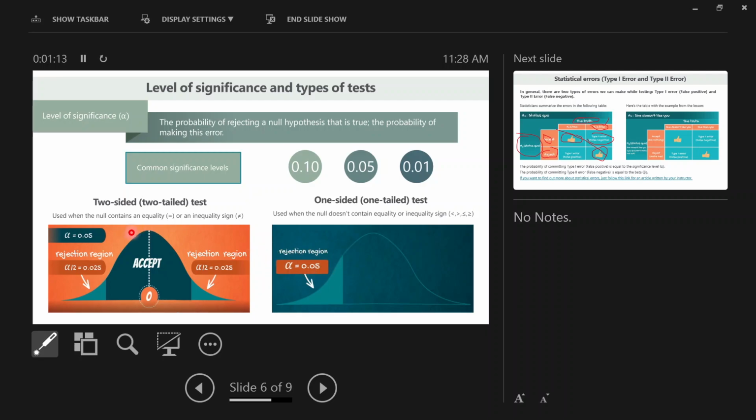But when we come to the two-sided test, it is used when the null hypothesis contains equal to or not equal to, and the rejection region is based on alpha divided by 2. So if it is 5%, you divide by 2, it becomes 0.025.